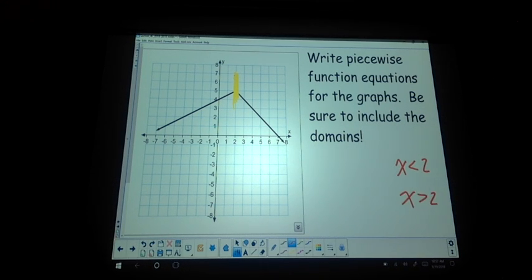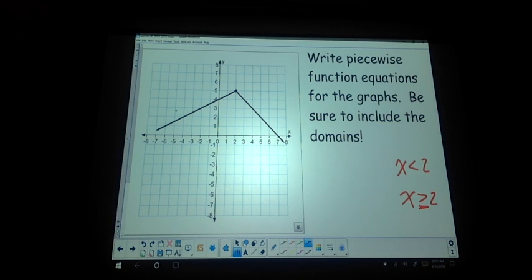Now I'm going to erase that because we can't really see the dot. Which equation do you want that dot to be a part of, the top or the bottom? Bottom. You got it. So we had to choose. We made it the bottom, and we're going to make that equal.